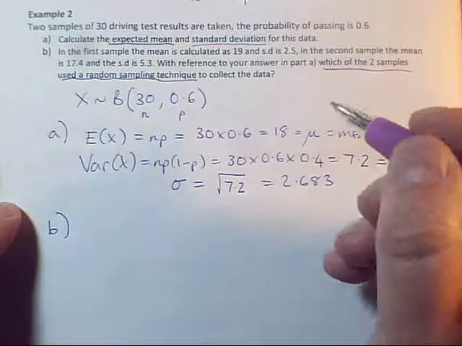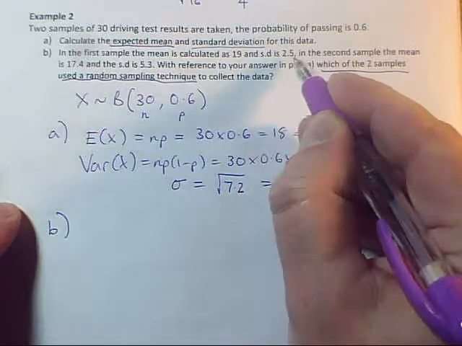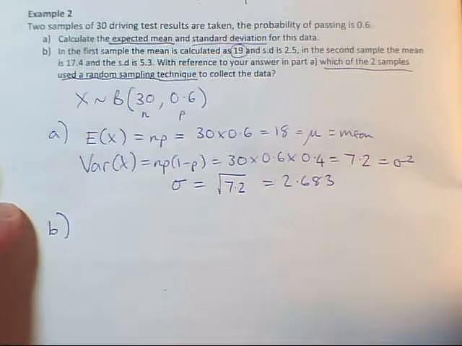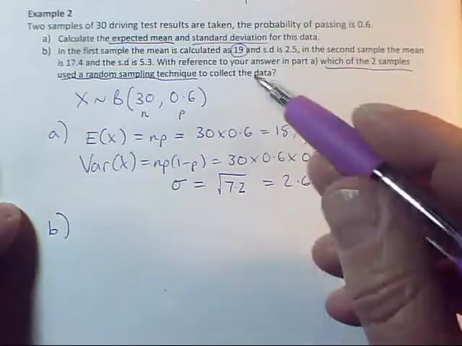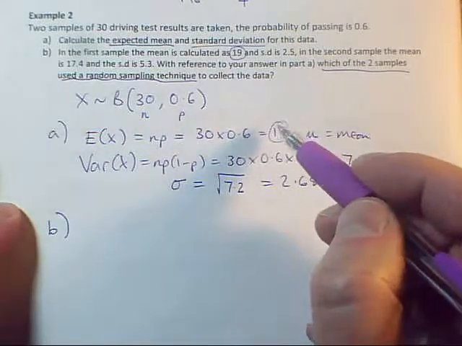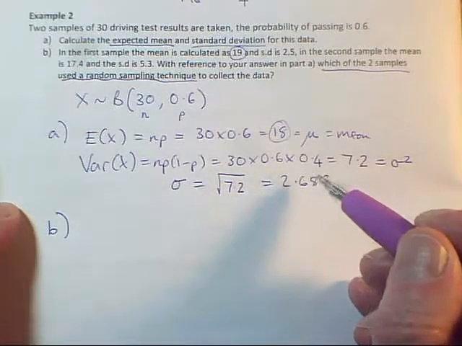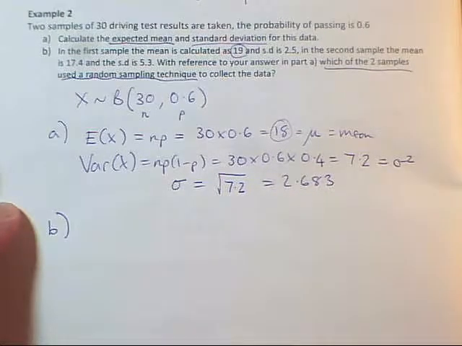Now, if you look at the given values for the mean and standard deviation of the first one, I've got a sample mean of 19. Now, I don't expect the sample always to have exactly the same mean as the probability distribution, and 19 and 18 are not too far apart, so that's kind of in line, and the standard deviation of 2.5 is in line with the theoretical value of 2.683.